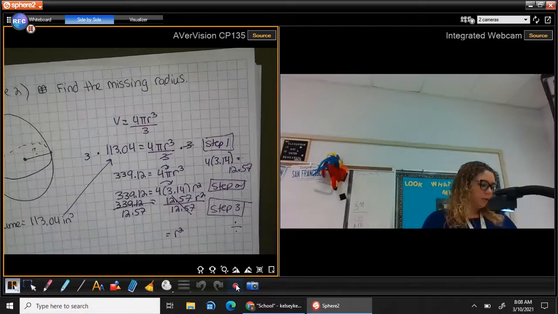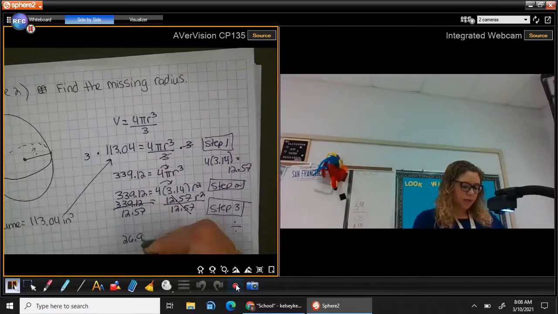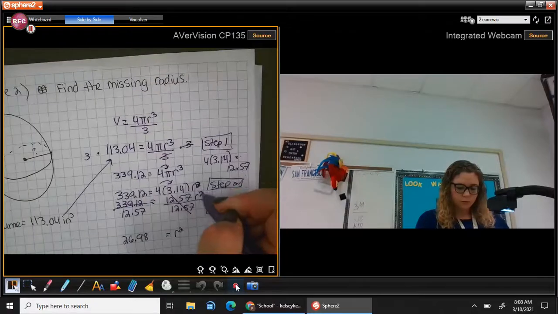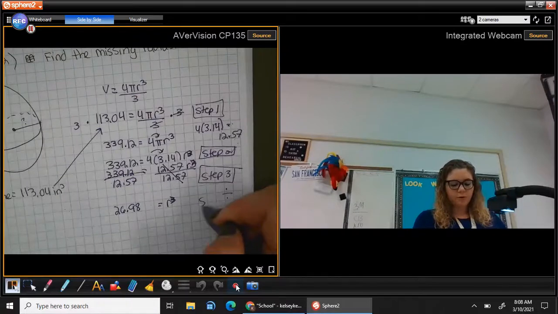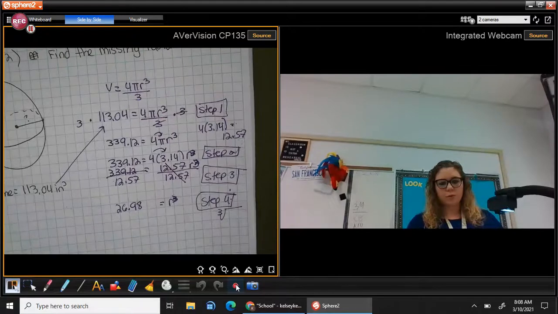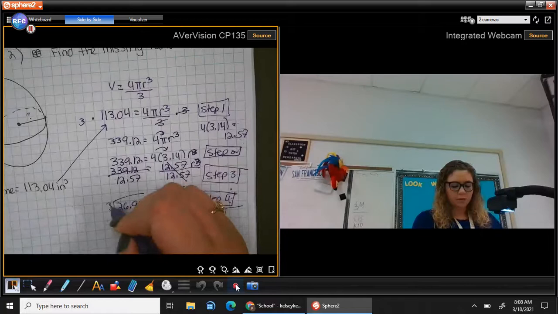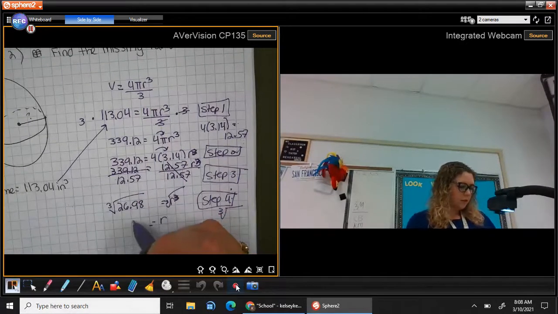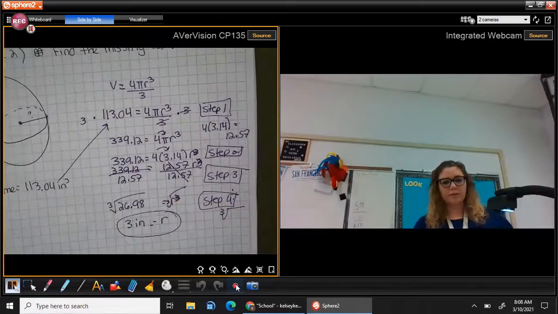That is going to give you 26.98. Again, this is cubed, not squared. And then step 4, take the cube root. Okay, because this is cubed, so to get rid of it, I'm taking the inverse, which is the cube root. So the cube root of this, okay, about is going to give me 3 inches. And that's going to be my radius.